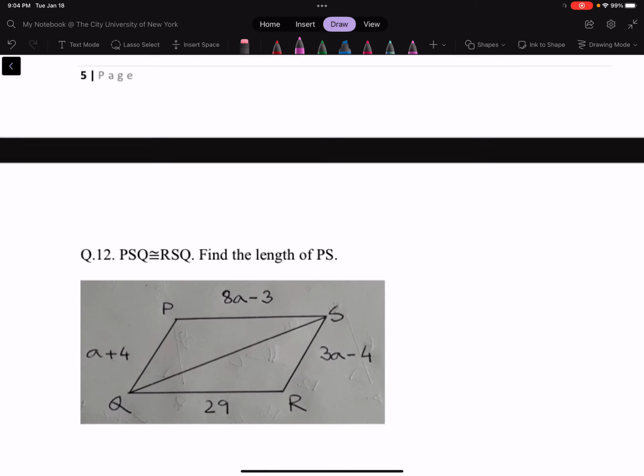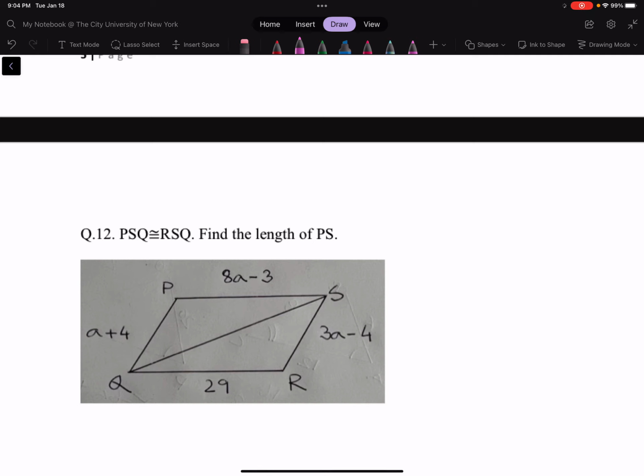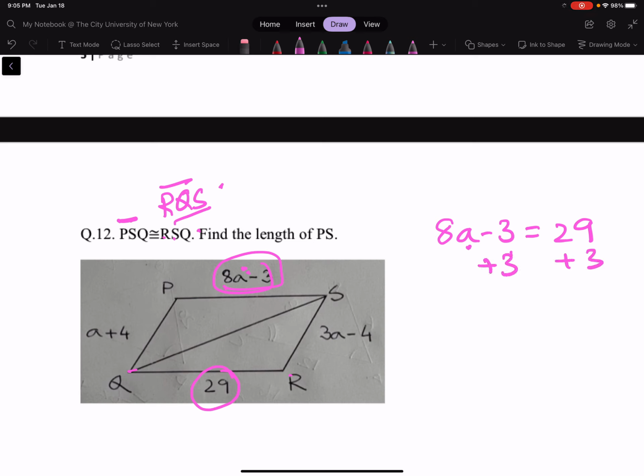And once we go with 12, there is a mistake: it's not PSQ, RSQ, it should be RQS, okay? So RQS. So PS with RQ, you can find out A first. So you say 8A minus 3 equals 29. We need to get the value of A and plug it in here to get PS. So we would like to get rid of this 3.